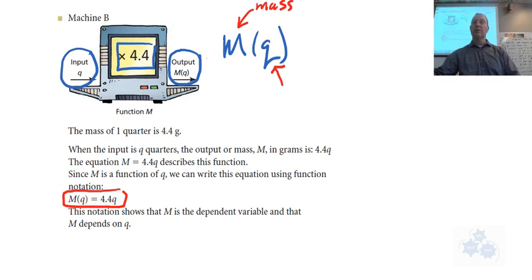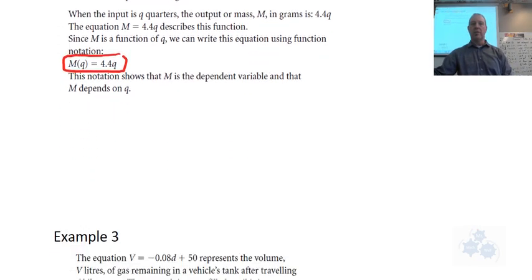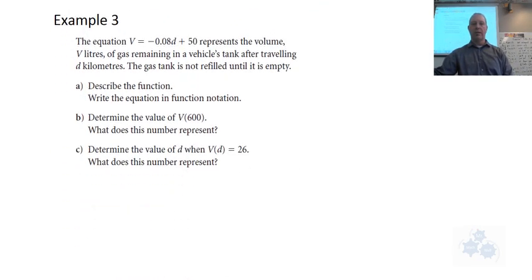Okay, any questions? All right, let's take a look at an example where it kind of integrates everything we've learned here today. All right, so the equation V equals negative 0.08 D plus 50 represents the volume in liters of gas remaining in a vehicle's tank after traveling D kilometers.